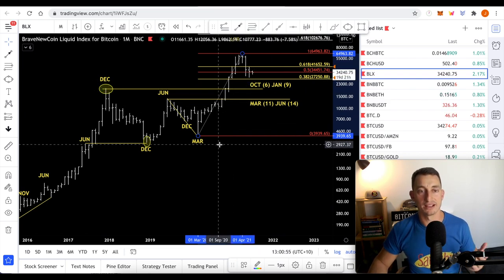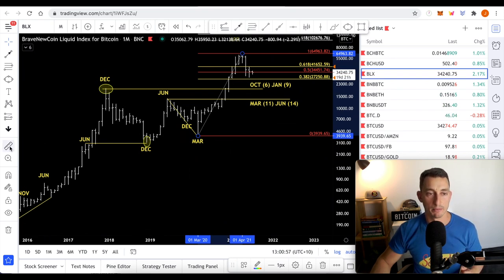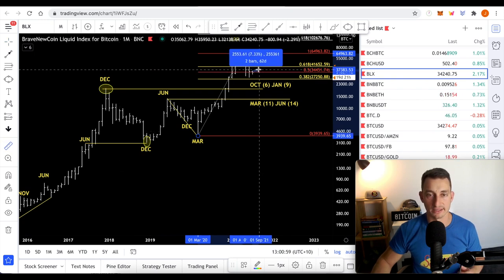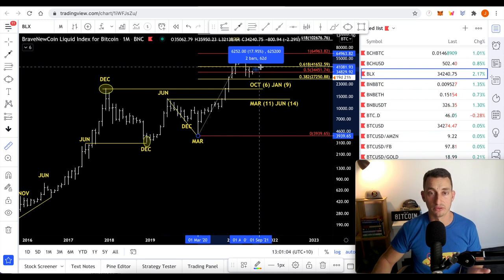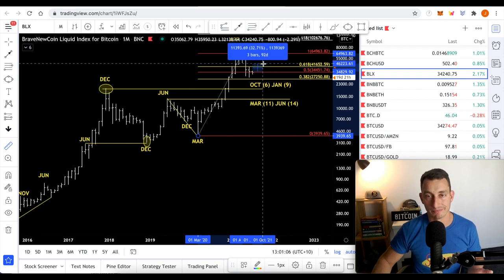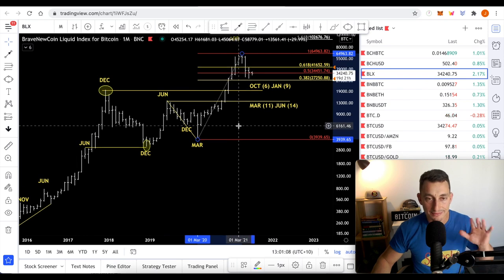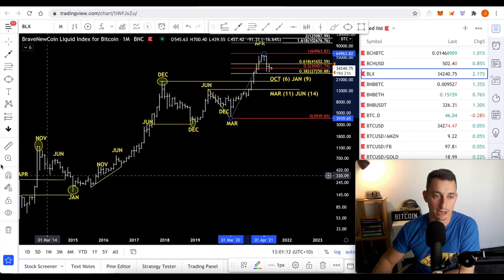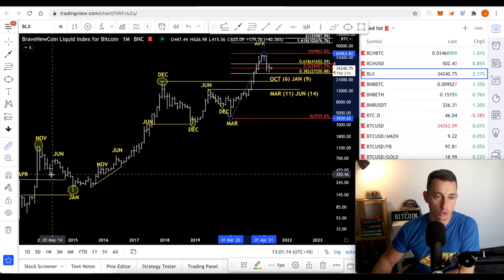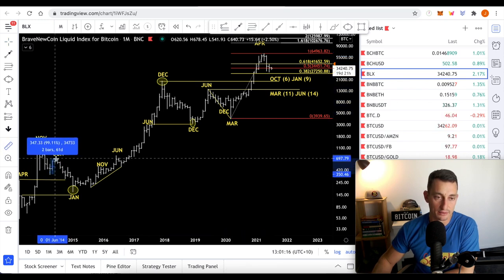What happens next? I still see a sideways movement, but I do expect people would get very excited if anything moved into the high 30s to mid $40,000 levels, even though it's potentially only 30-ish% at best, right? So if we even went 10, 20, 30% up, it still could represent a false move in the market.